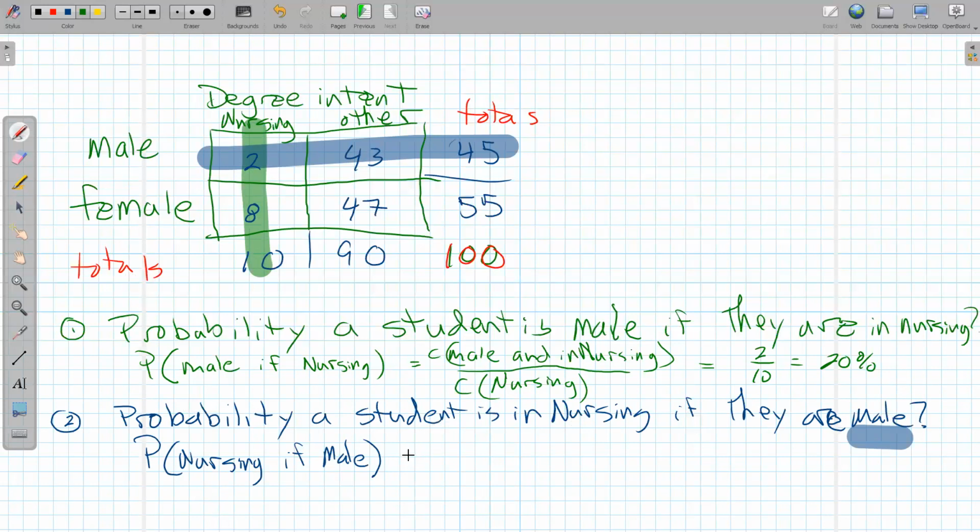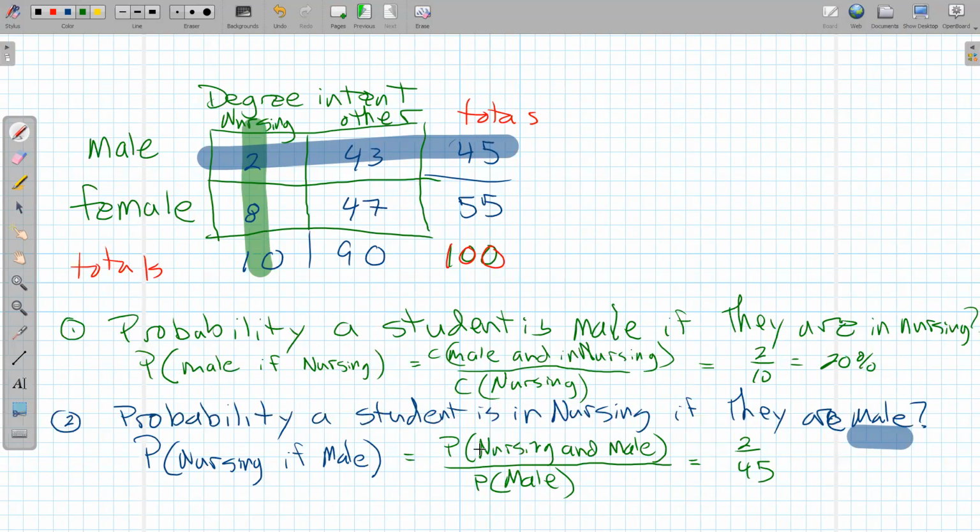Another way I could write this down would be the probability someone is in nursing and is male, out of the probability they're male. And we can either look at that as counts or percents. Like before, I was just looking at counts, 2 out of 10. So here I could just say that's 2 out of 45.